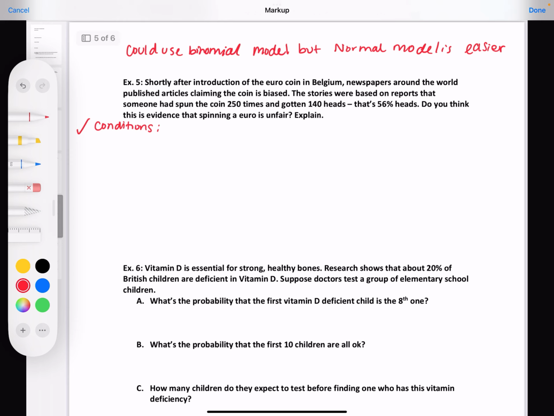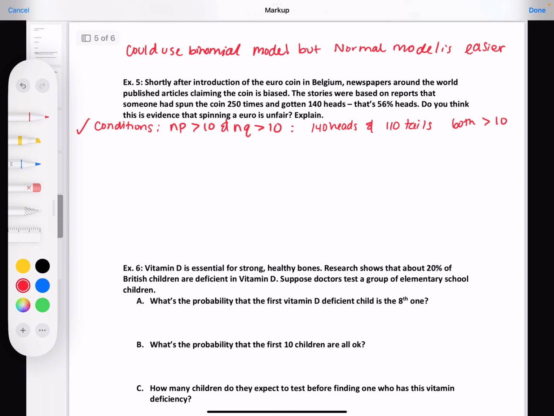So we have to check that n times p is greater than 10 and n times q is greater than 10. Basically they're saying they got 140 heads and 110 tails, because the rest had to be tails. So both are greater than 10.